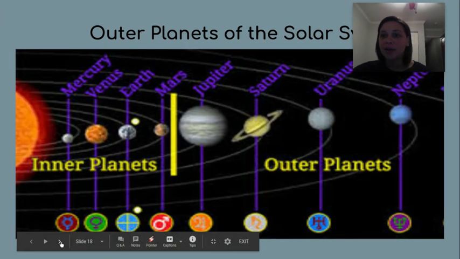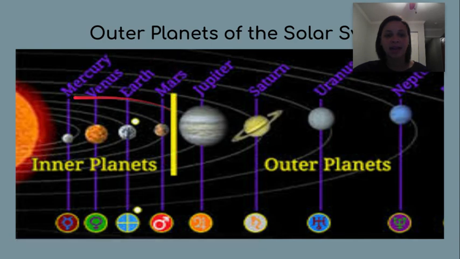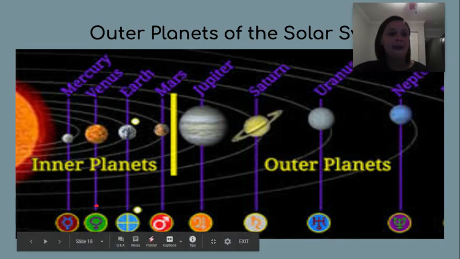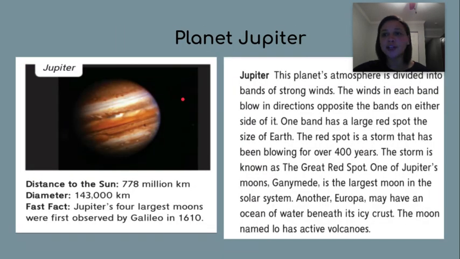We're now going to learn about the 4 outer planets. We've already talked about Mercury, Venus, Earth, and Mars, and here's the line separating the inner planets from the outer planets. Now we're going to talk about Jupiter, Saturn, Uranus, and Neptune. The first outer planet we're going to talk about is Jupiter.